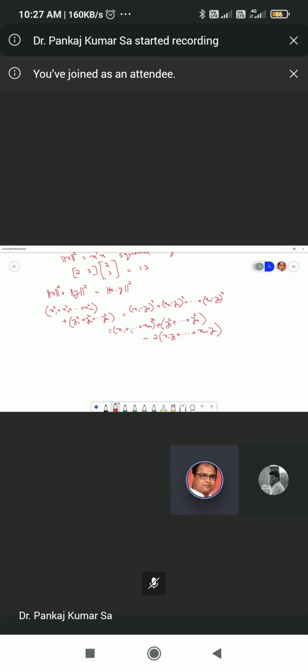Left hand side and right hand side, if you see, this is the only extra term that we have.